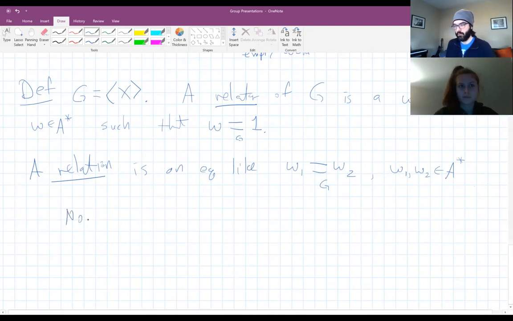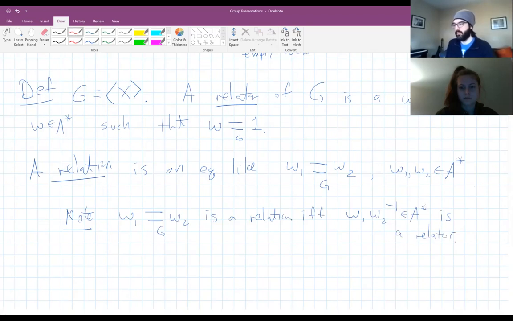So note W1 is equal in G to W2 is a relation if and only if W1 W2 inverse in A star is a relator.